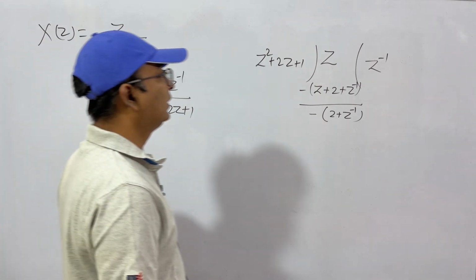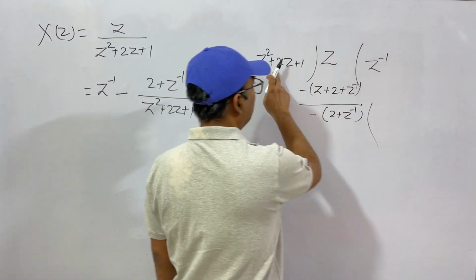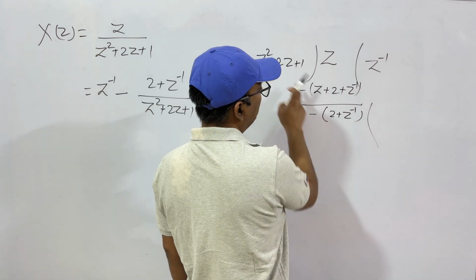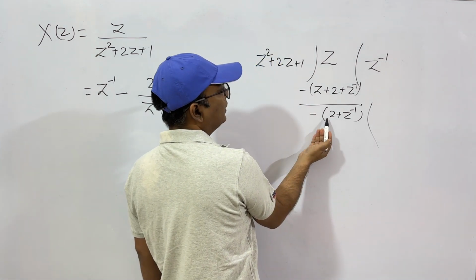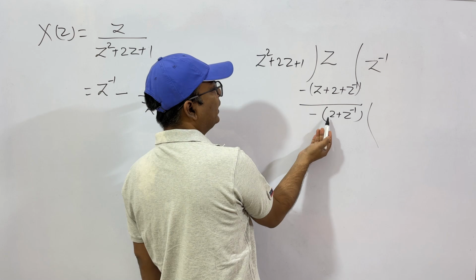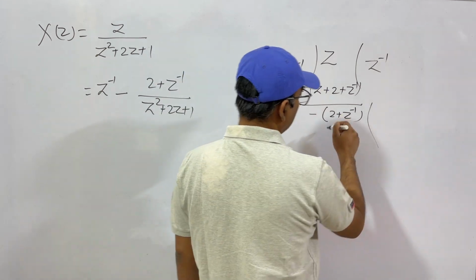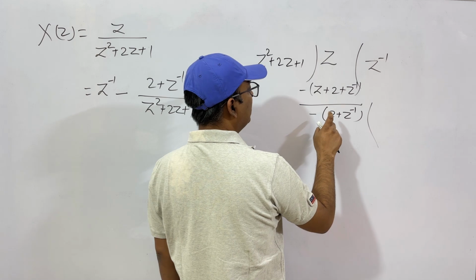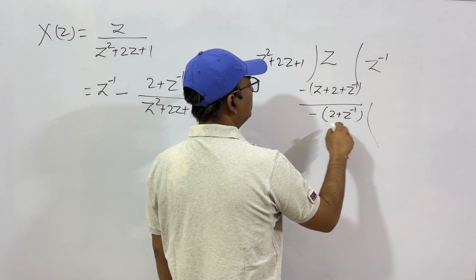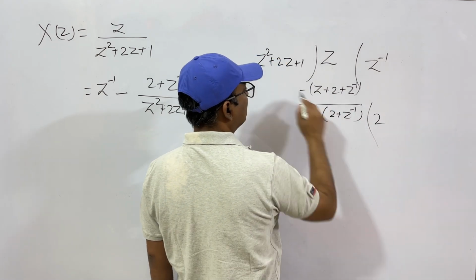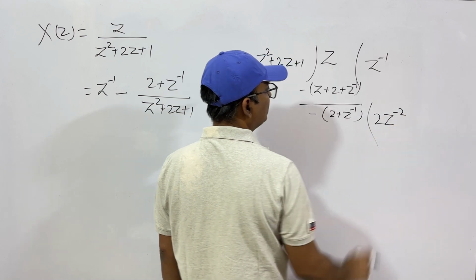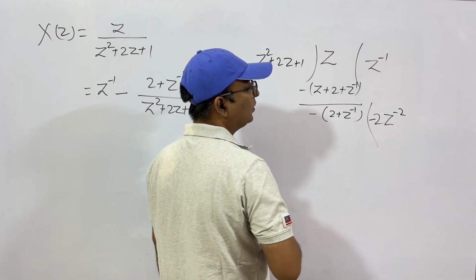Okay, now let's take the second one, again dividing by this. To get this, see, this is -2, so we'll have to take minus, so that this minus this actually cancels this. So we have effectively -2. So if we multiply this function by -2z^(-2) and subtract, what will you get?